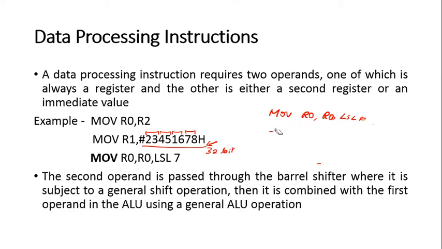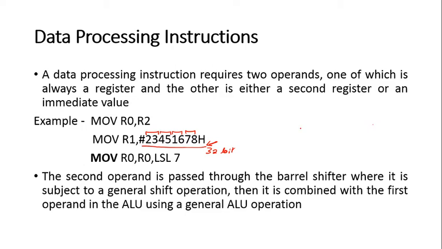Okay, so we have taken an example of shifting the numbers. When you shift the numbers, it is as good as multiplying it by a power of 2. That's what the statement is.